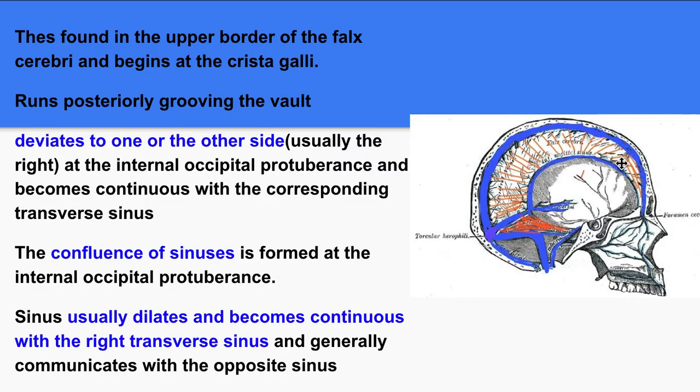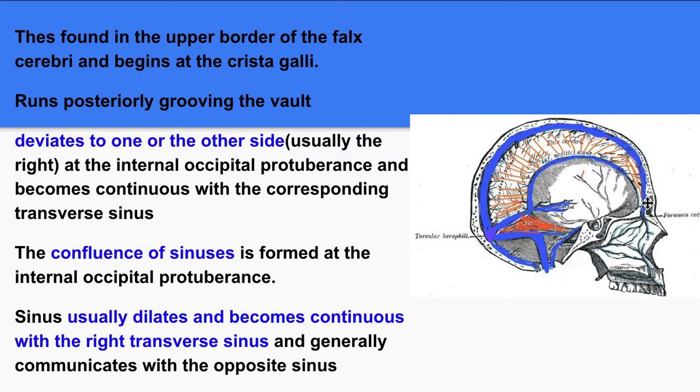Now, in my previous video on dural folds, I talked about one of the dural folds, which was the falx cerebri. Okay, it began at the crista galli and ran posteriorly to join with the border of the tentorium cerebelli. Okay, so the superior sagittal sinus is found in the upper border of the falx cerebri and begins at the crista galli.